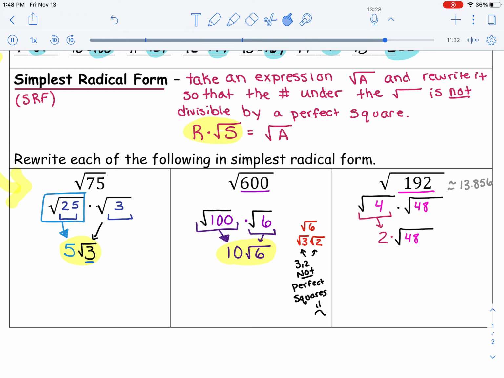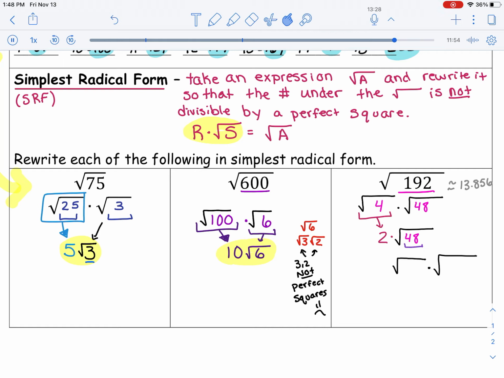And some of us want to say, yay, we're done. I'm not, though. I still need to see if there's a way for me to break up the square root of 48 into a product where one of the factors is a perfect square.